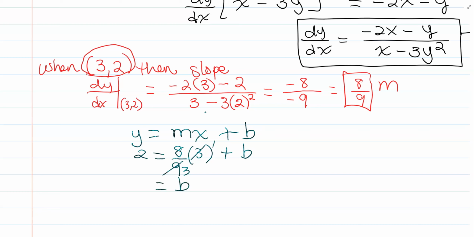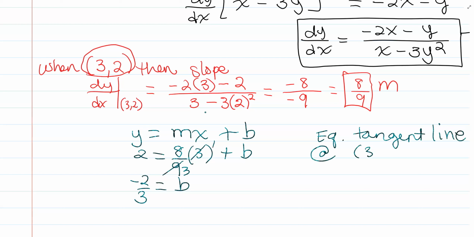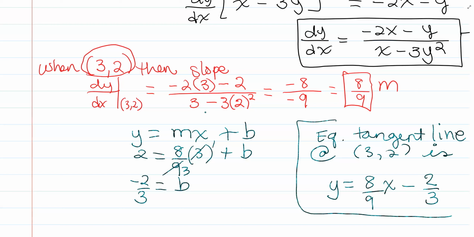So for b, 2 minus 8/3, where 2 is the same as 6/3, minus 8/3 is negative 2/3. So then the equation of the tangent line at the point (3, 2) is y equals 8/9 times x minus 2/3. And that is our final answer.